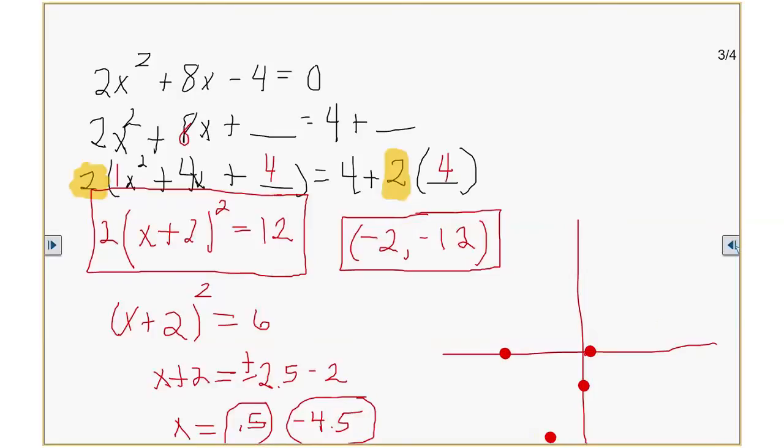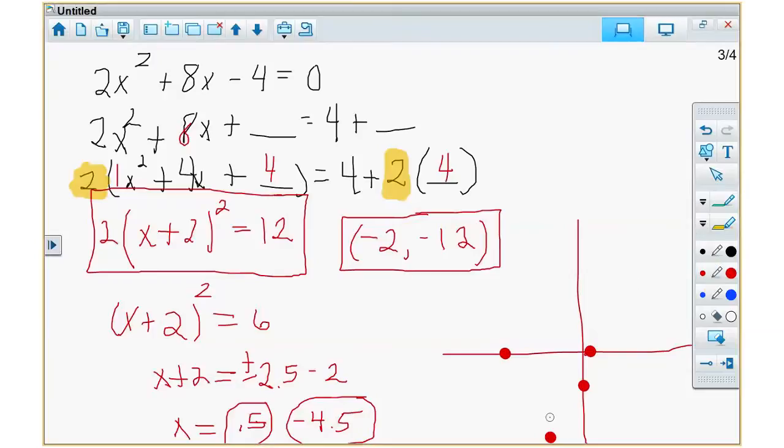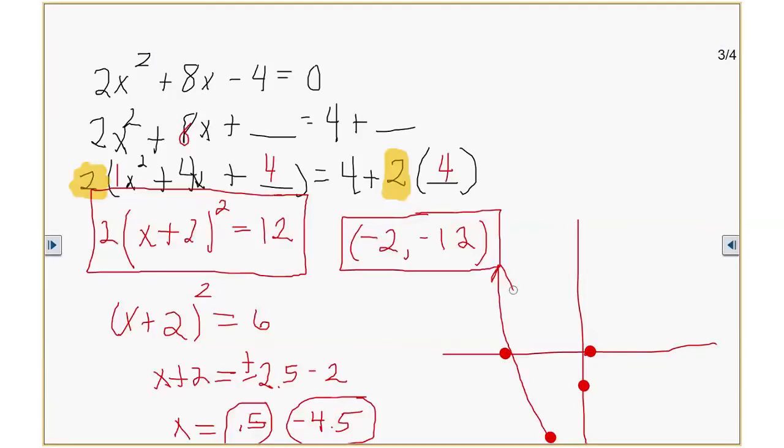Now, what I want everybody to do is get your graphing calculator out. If you've got one. If you don't, then you need to leave the class right now. I'm kidding. I'm glad you don't carry one around all the time. Now, I want you to graph this function: f(x) = 2x squared + 8x - 4.